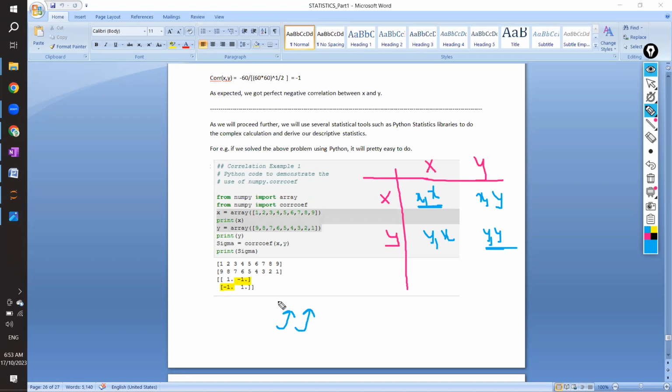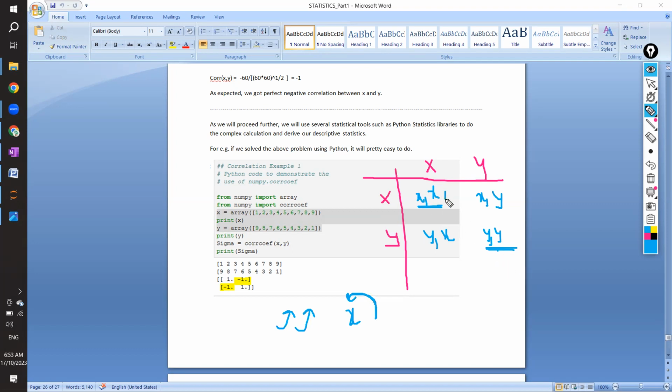It sounds funny, but when you check X comma X, you are checking the correlation of the column with itself. Do you agree, guys? A correlation of a column with itself will always be 1. So the diagonal values will always be 1.